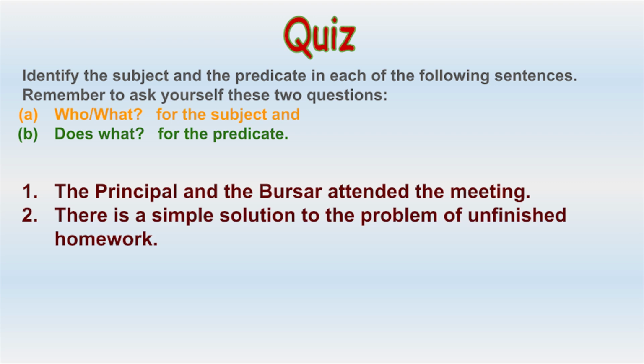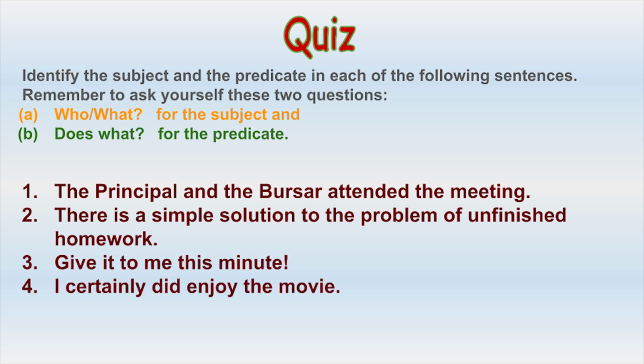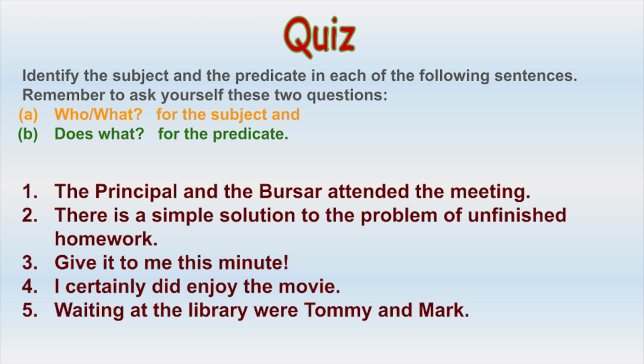There is a simple solution to the problem of unfinished homework. Number 3. Give it to me this minute. Number 4. I certainly did enjoy the movie. Number 5. Waiting at the library were Tommy and Mark. You may pause the video and take a few minutes to write your answers.